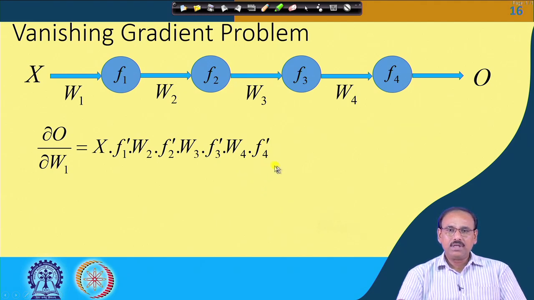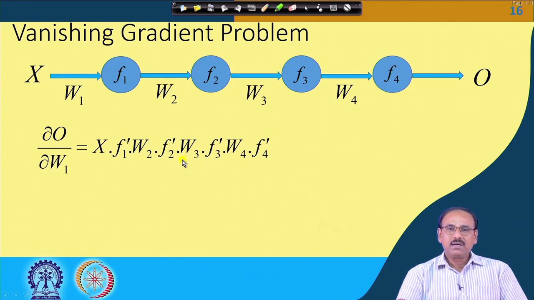So, the nature of this nonlinear function f is very, very important, and that is why you use ReLU: the derivative of ReLU is equal to 1 as long as its argument is greater than 0. That is why ReLU is preferred as the nonlinear activation in case of deep neural networks.